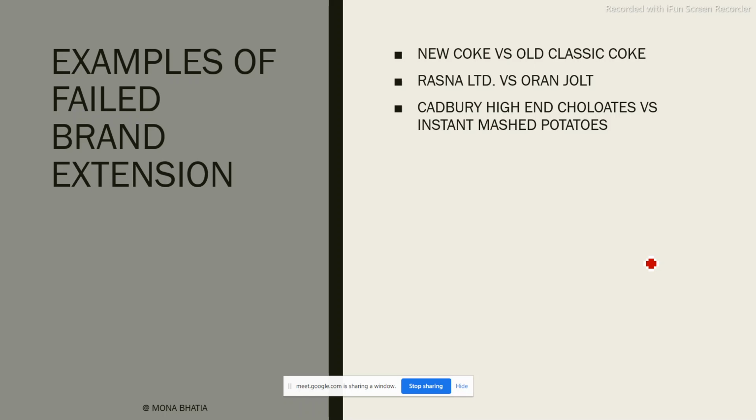So it was not surprising that people did not like this idea of Cadbury getting into instant mashed potato, and it failed miserably there also. Smash was the name of that product, Cadbury's potato mashed food. People did not like that idea.